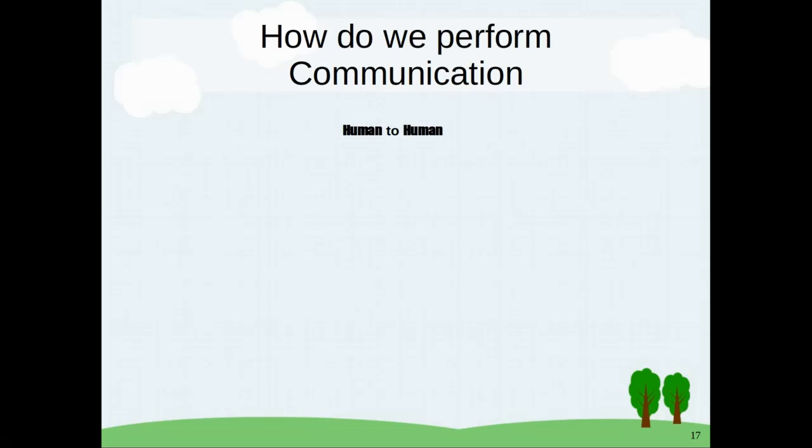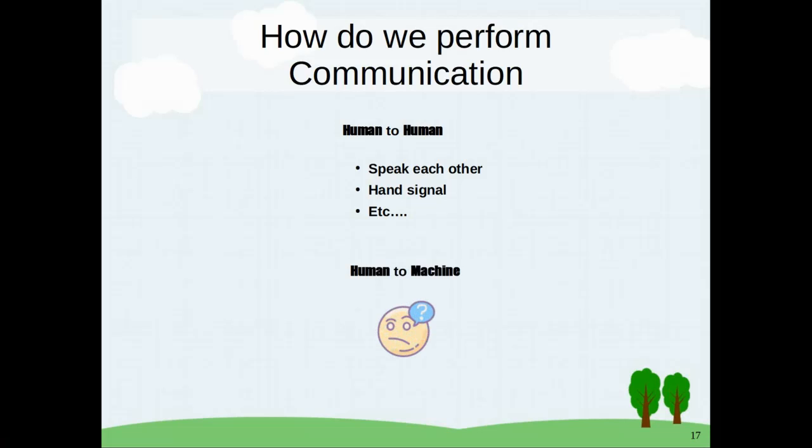Then another thing comes up for successful communication: how do we perform the communication? For human-to-human communication, we speak to each other, talk to each other, or use hand signals to express ourselves, and there are many other ways as well. In the case of human-to-machine communication, what options do we have?